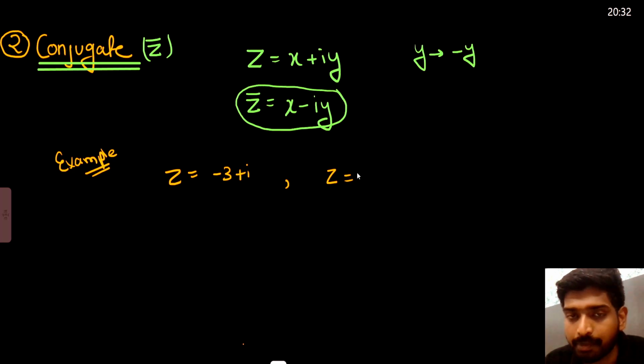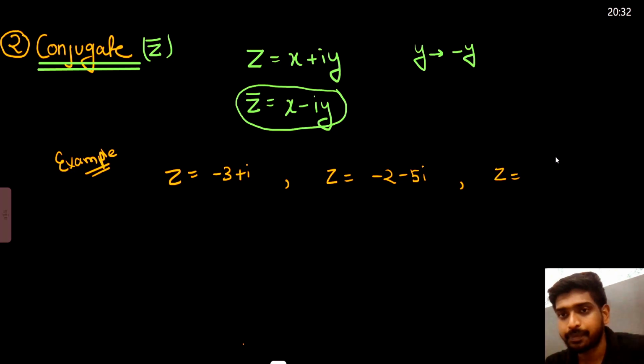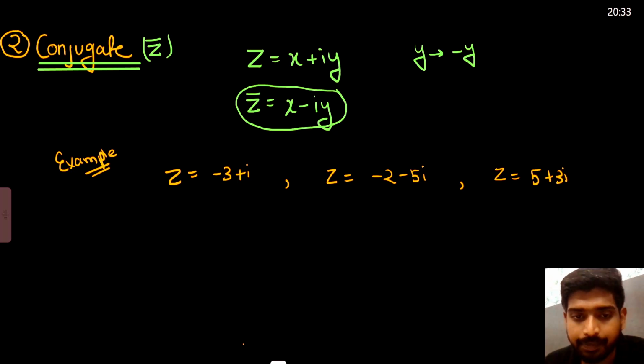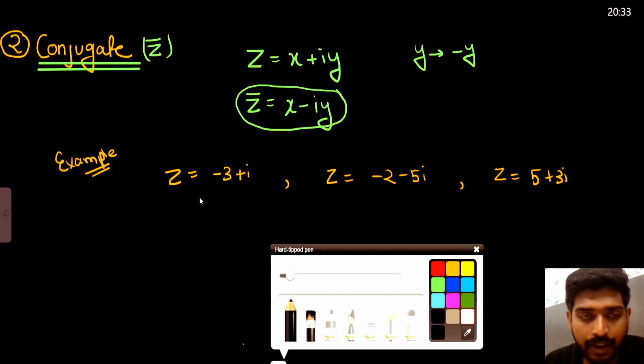Suppose z is the complex number -2 minus 5 iota. One more example I'll take. Suppose z is equal to the complex number 5 plus 3 iota. So tell me what is the value of z bar here?